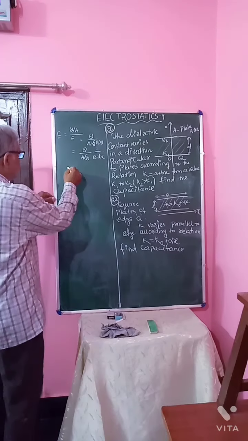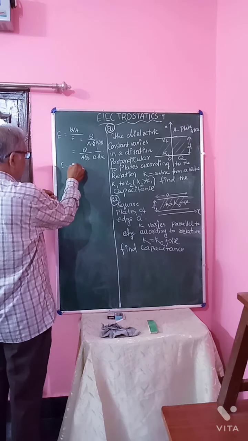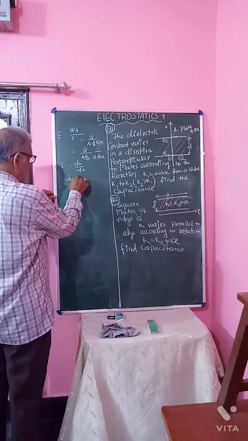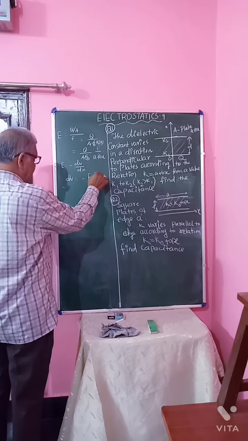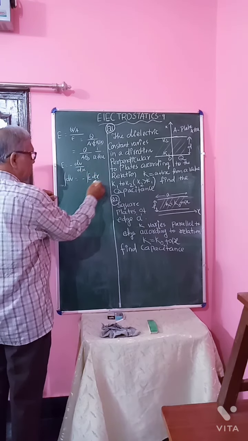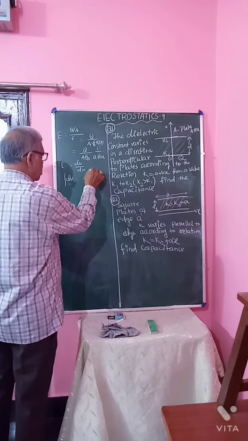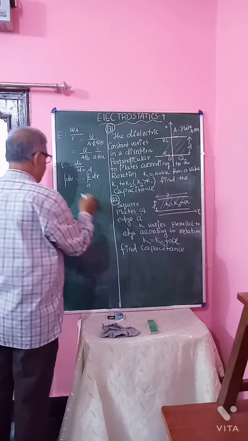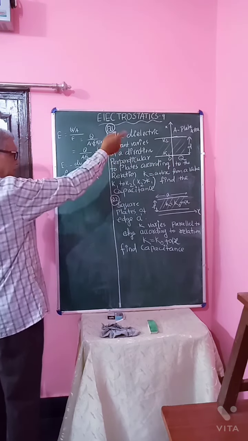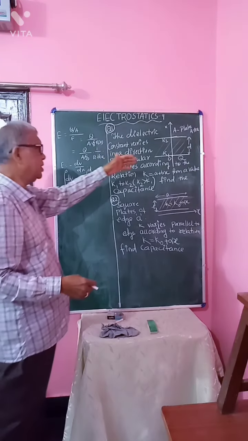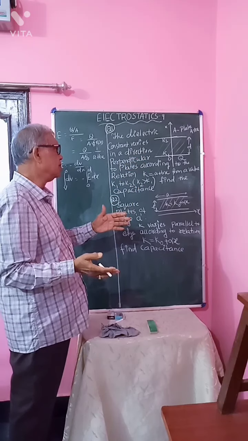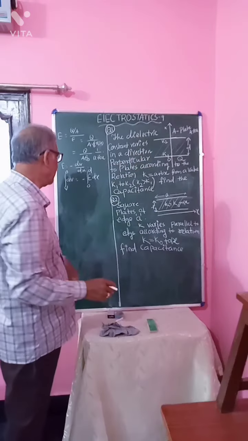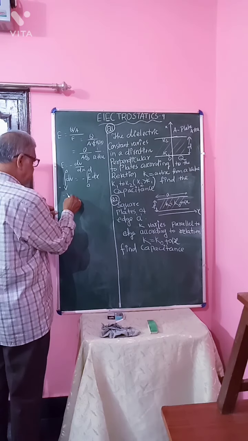Now this intensity E equal to minus dV by dx, or dV equal to minus E dx, integral x varying from 0 to d. The potential at the lower plate is V, that is the maximum potential. The potential at the upper plate may be some value, but since we are considering the potential difference, let us assume it is 0.